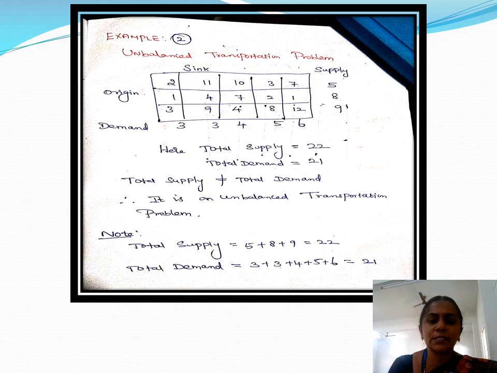So here total supply is 22 and total demand is 21. We add all the supply values, 5 plus 8 plus 9, we get 22, and add the demand values, 3 plus 3 plus 4 plus 5 plus 6, we get 21. We check whether supply is equal to demand, but here the total supply value is 22 and the total demand value is 21, which is not equal, therefore it is said to be an unbalanced transportation problem.